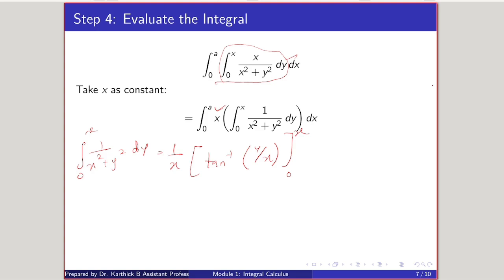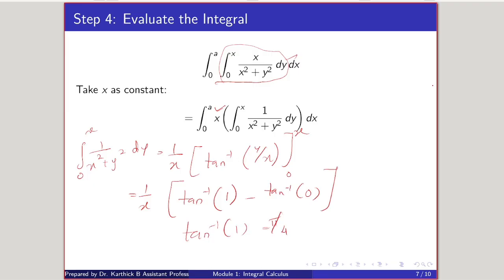If I substitute the limit, I will get tan inverse of x by x, which becomes 1, and tan inverse of 0. We know that tan inverse of 1 will be pi by 4, and tan inverse of 0 will be 0.